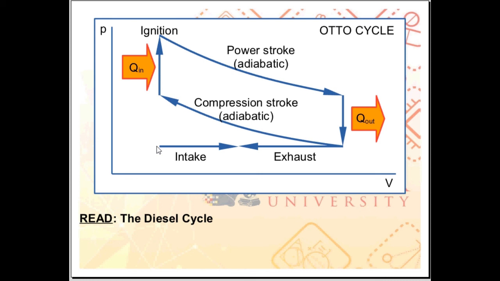And then the cycle repeats itself. More air fuel mixture is taken into the chamber, it's compressed, ignited, it expands, and then heat is discarded again, the exhaust is discarded, and so on.